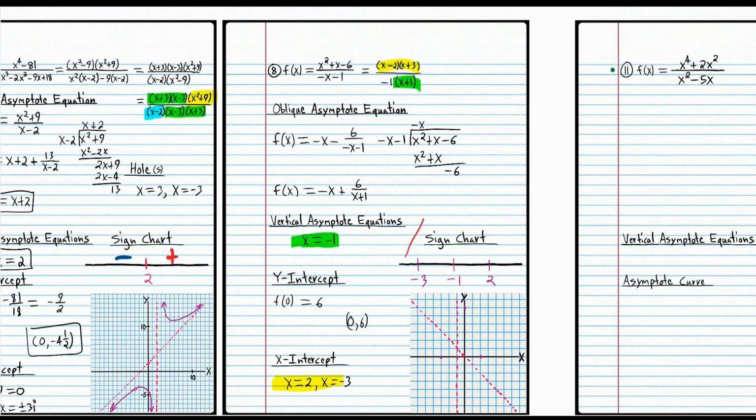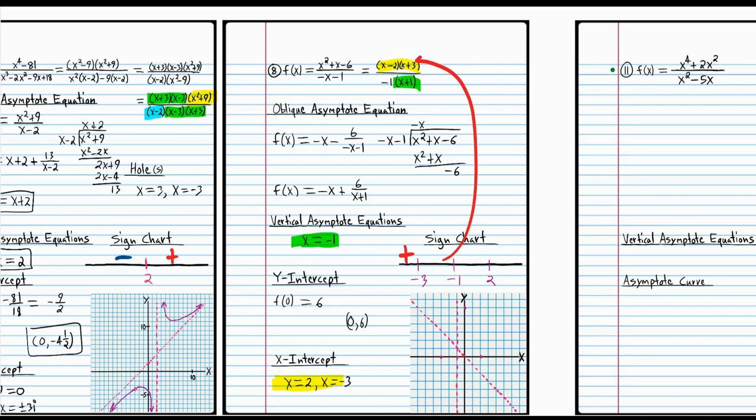Okay, so now let's figure out the signs. We can use the factored form of the function. Plug in negative 4 and we get a negative times a negative is a positive, and on the bottom we get a negative times a negative is a positive. So the graph is going to be above the x-axis there. Let's plug in negative 2.